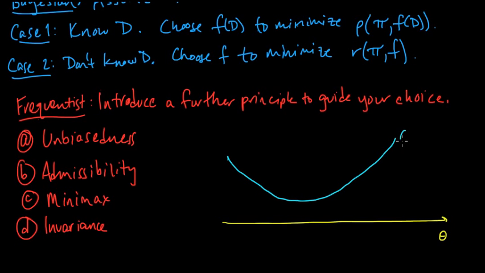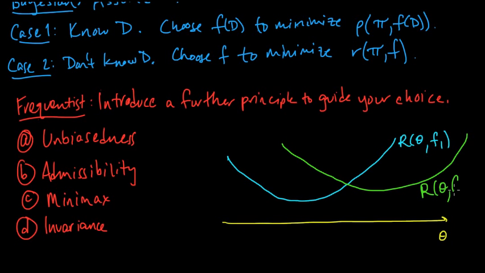So this would be like, for F1, say, let's call it R of theta, a function of theta for F1, and for another F, the risk function might look something like this. Let's call that R of theta and F2. As theta varies over all its possible values, the problem is that there are some places where F1 gives you a lower risk.